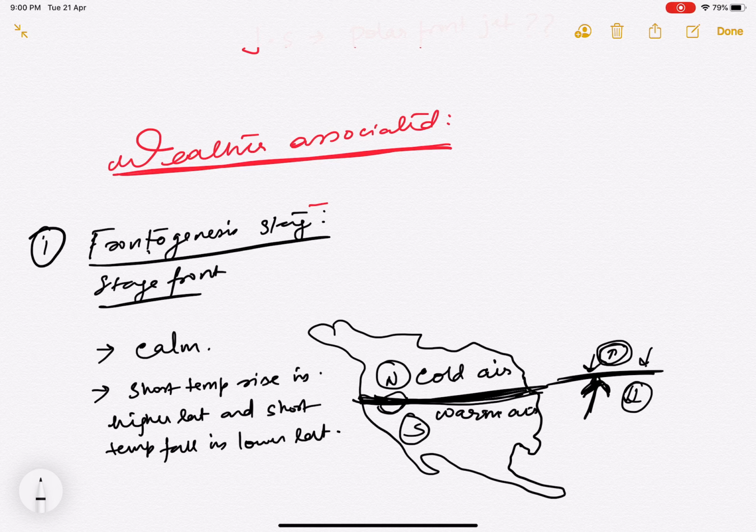So this is what was called the short-term temperature rise in the higher latitude and a short-term temperature fall in the lower latitude. Short term means for quite a short time. Therefore, for a short time there would be a temperature rise in the higher latitude and a temperature fall in the lower latitude. This was in the frontogenesis.